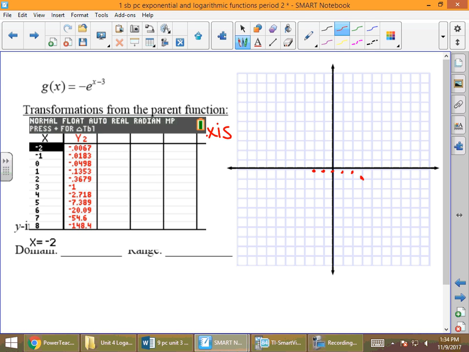And now we at least get some changes here. 4 is negative 2.7. 5 is negative 7.3. But hopefully, roughly, we get the idea of our picture from looking at the screen.